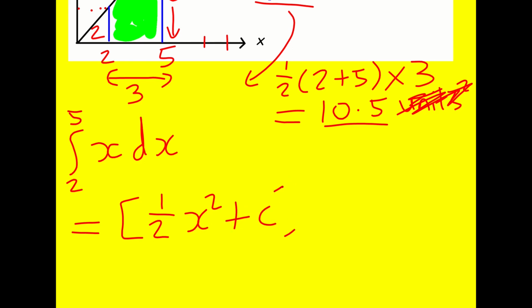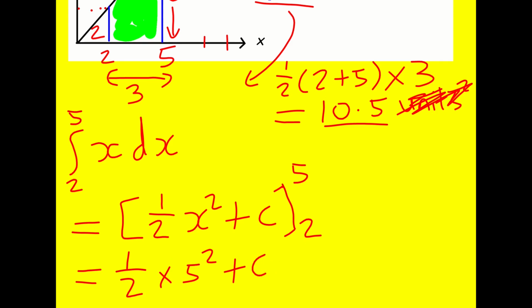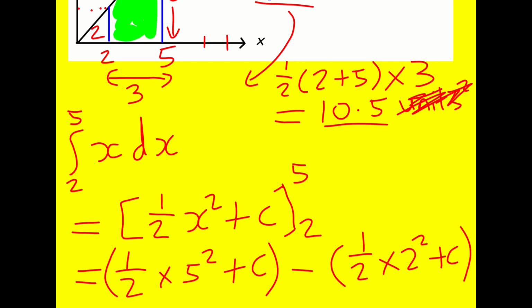I didn't want to before because I didn't want that to be the focus, but this time I'm going to talk about whether we need it or not. 5 and 2. Then as I did before, I'm going to substitute the 5 in. I'm going to get a half times 5 squared plus c. I'm going to put that in a bracket, and then I'm going to minus a half times 2 squared plus c.